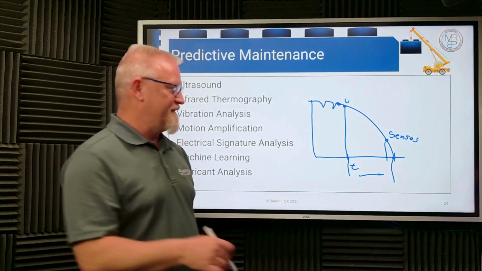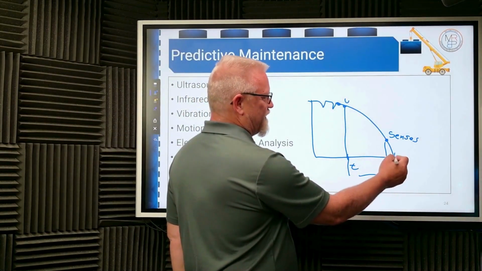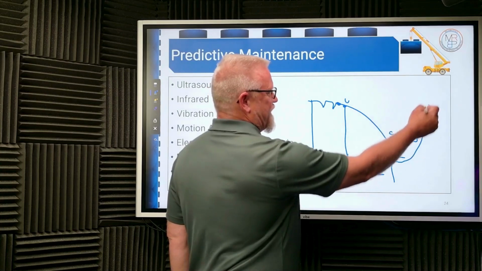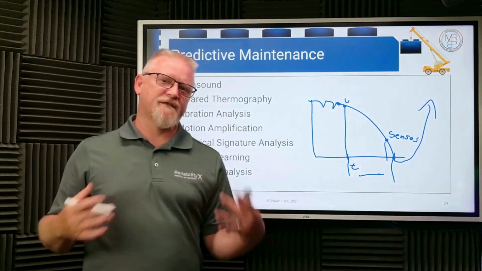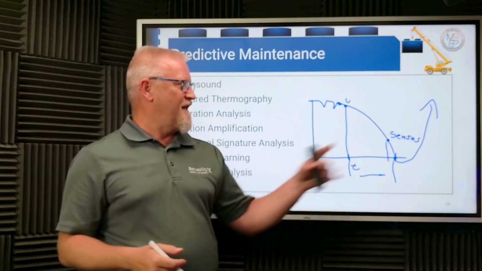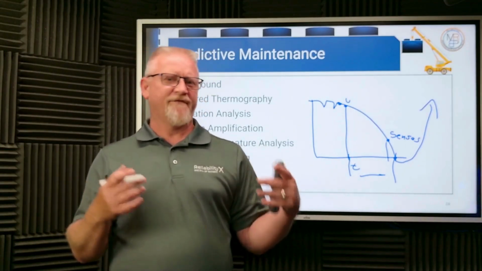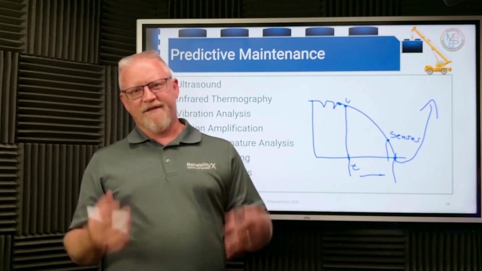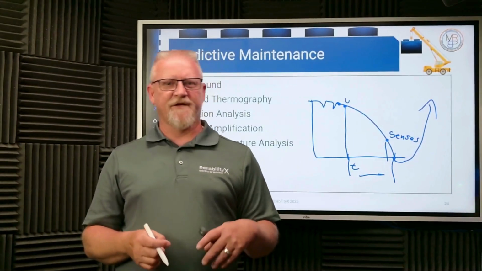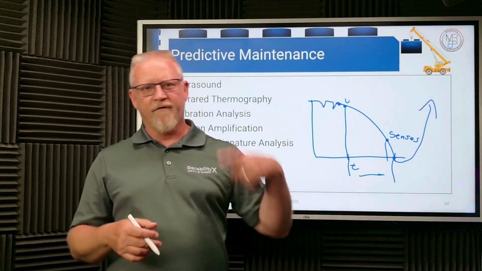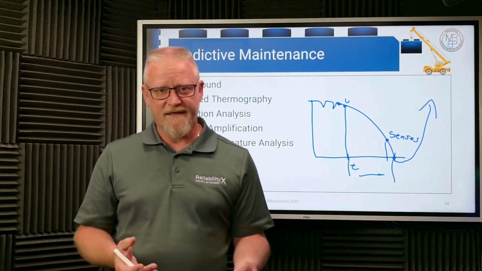And what happens if this failure occurs? Not only is it inconvenient for the operation, but my costs go up. My costs go up because it's not just the bearing I'm going to replace. If it's a conveyor, it's likely I'm going to have to replace a roller element. If it's a fan, it's likely I'm going to have to turn a shaft because I scored it and made a nice oval in the pillow block, and I've got to replace the pillow block.